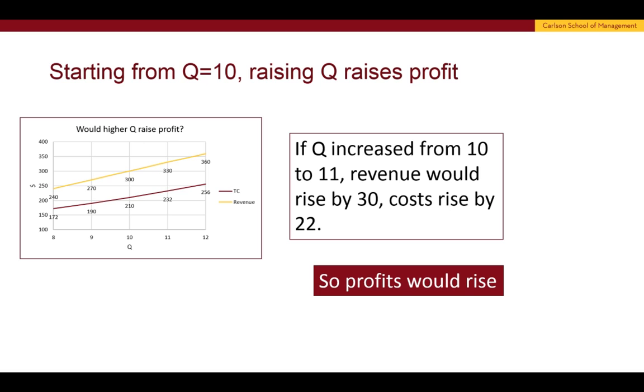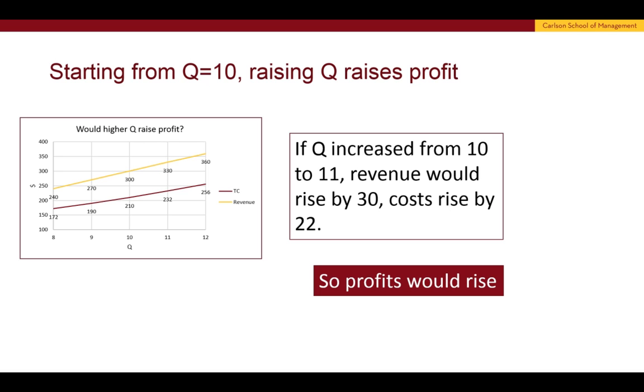Let's just make sure we have complete clarity about what's going on. So if you think about that total cost and total revenue picture, now what I've done here in this diagram on the left is I've kind of blown up a little portion of it. So think about, suppose we're at the quantity of 10 units of output. At 10 units of output, it turns out that revenue is $300, and cost is $210.